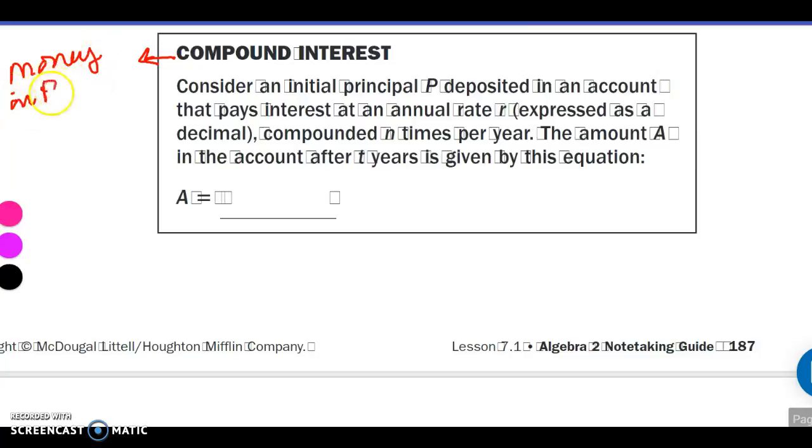What it is, you put money in the bank and it starts earning interest. And then the interest begins earning interest. So for example, if it's compounded n times a year, let's pretend it's compounded 12 times a year. It's compounded monthly. So you put money in the bank. At the end of the first month, they say, hey, you've earned this much interest this month, and they put that in your account.